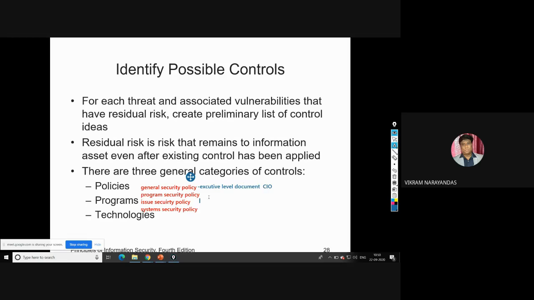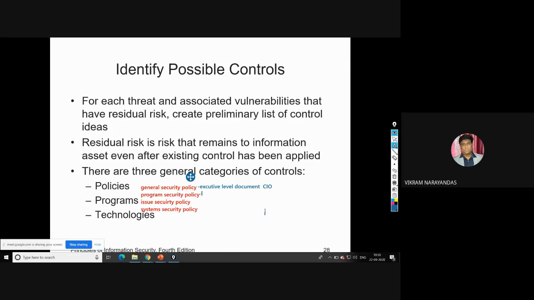Next, program security policies. What are program security policies? A planning document for the process of implementing security in organizations.